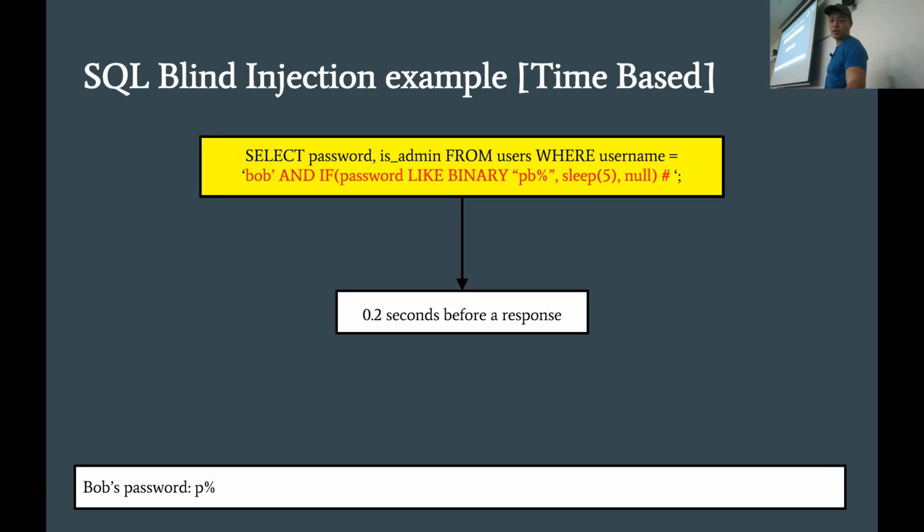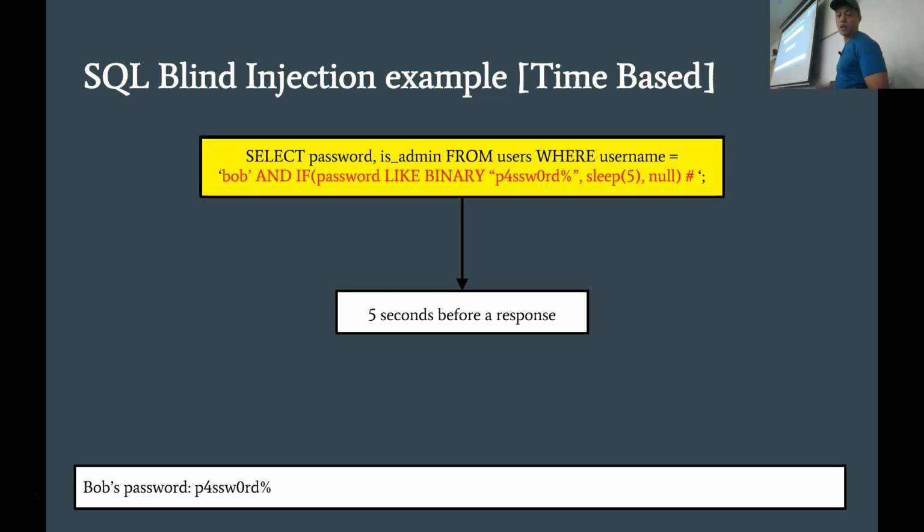PB is a fast response. PC is a fast response. And then we get to P4, and P4 takes 5 seconds to be returned. So now we know the second character. We know Bob's password starts with P and then a 4. And we can go sequentially through all the characters.